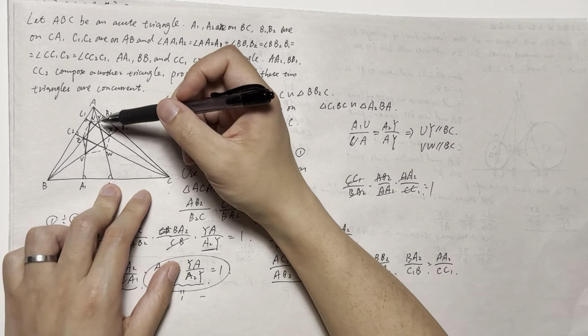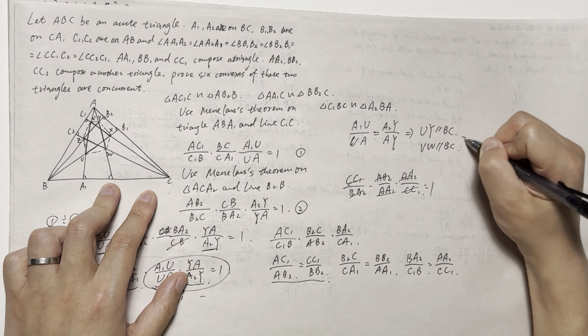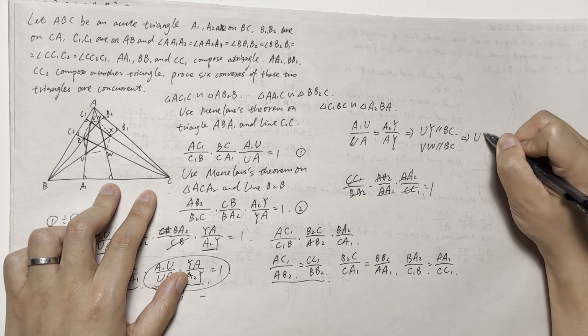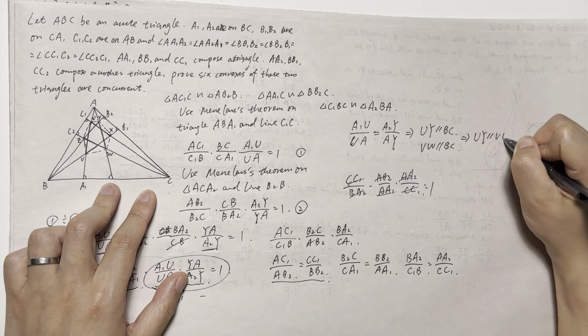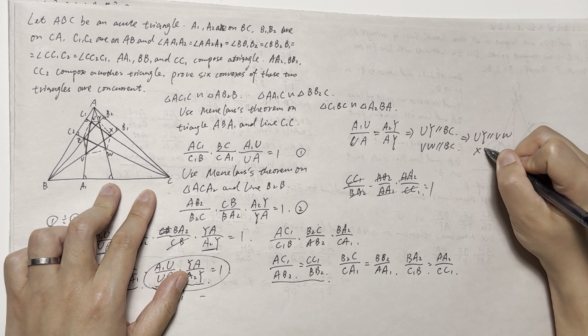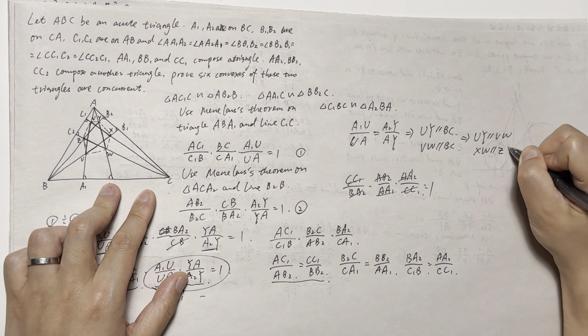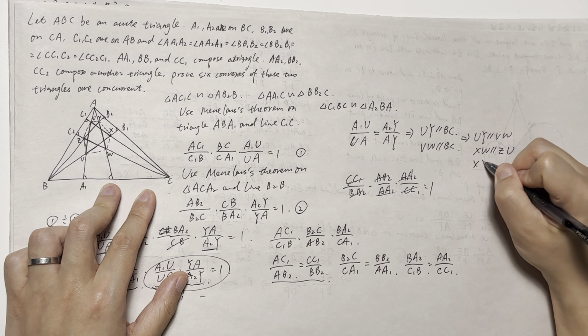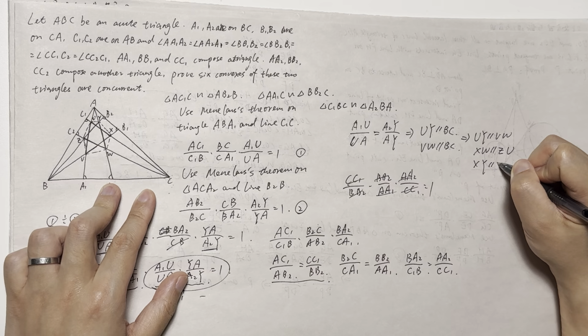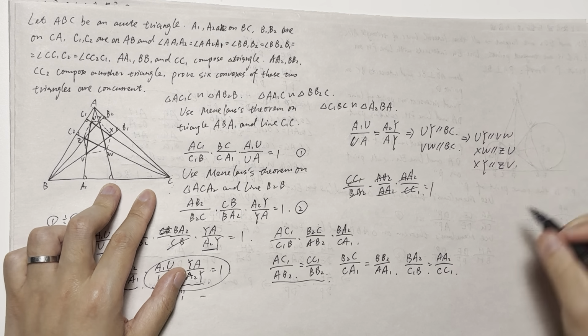So that means we get UY parallel with VW, XW parallel with ZU, XY parallel with ZV.